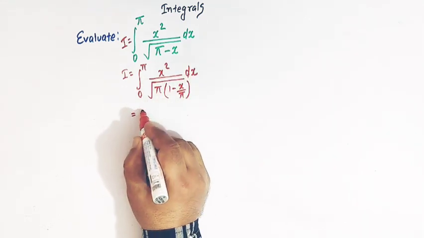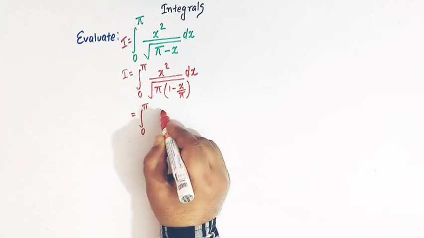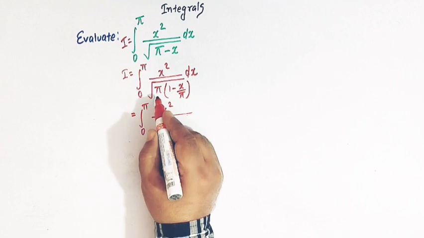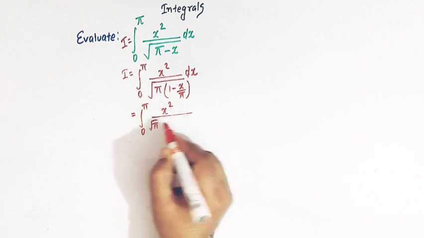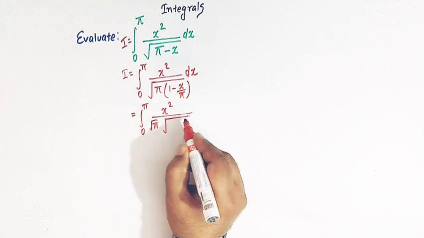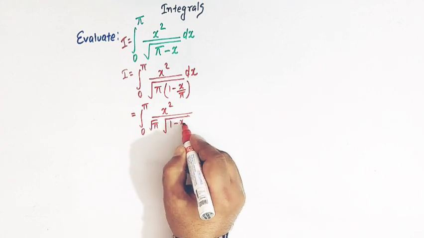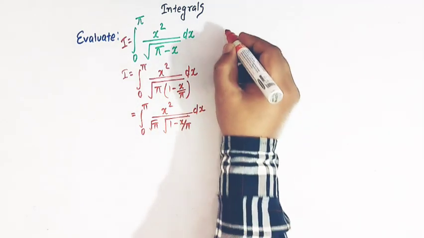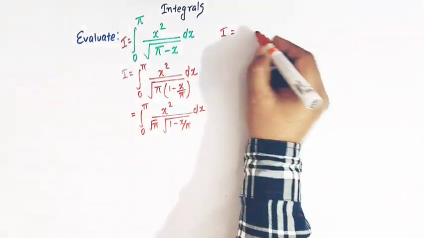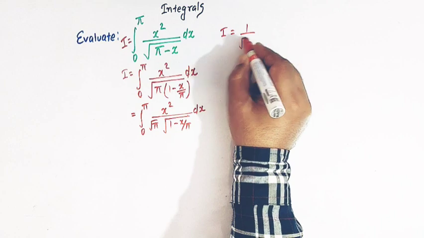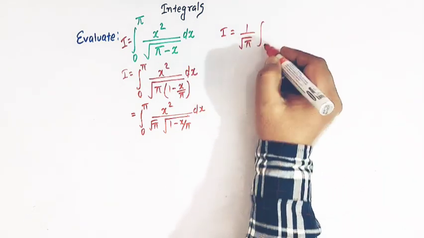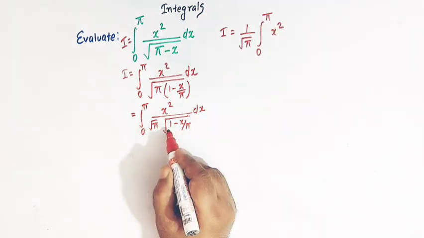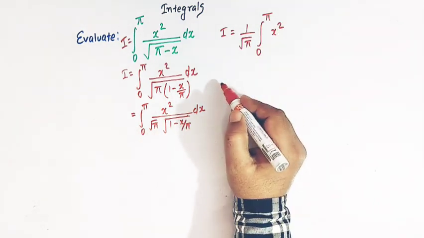So now we can write it as 0 to pi. Here we have x square, and we can take square root of pi like this, and then we have square root of 1 minus x over pi, right? Okay, now let us rewrite this integral as 1 over square root of pi, and then we have 0 to pi and x square, and let us take this term to the numerator.